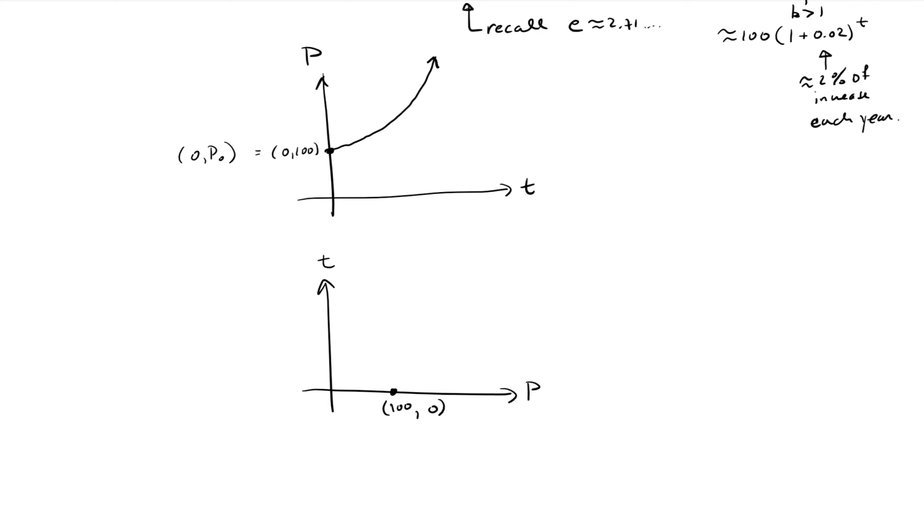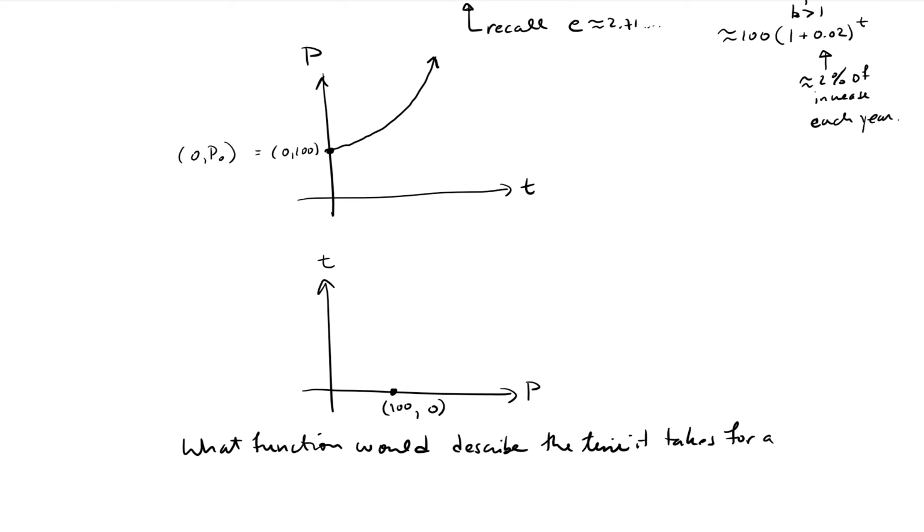So the function I'm looking for is the following: what function, and I want a formula. So when I say what function, I want a formula for that function that would describe the time it takes for a population to attain a certain number.